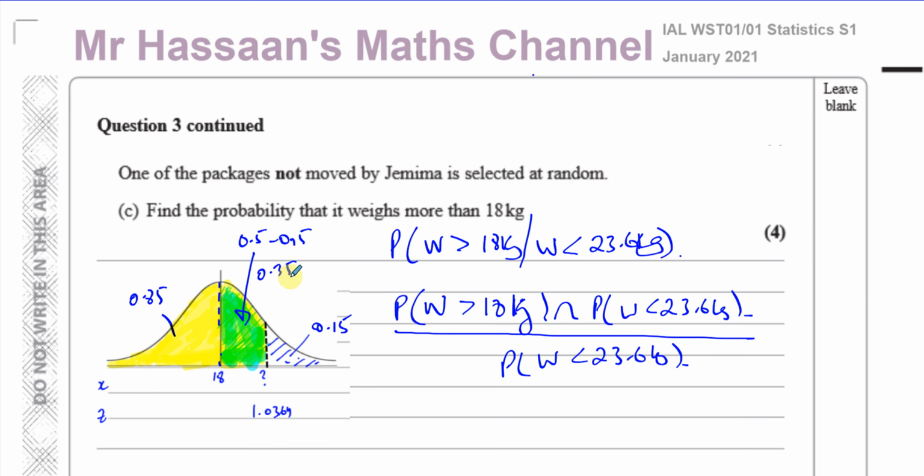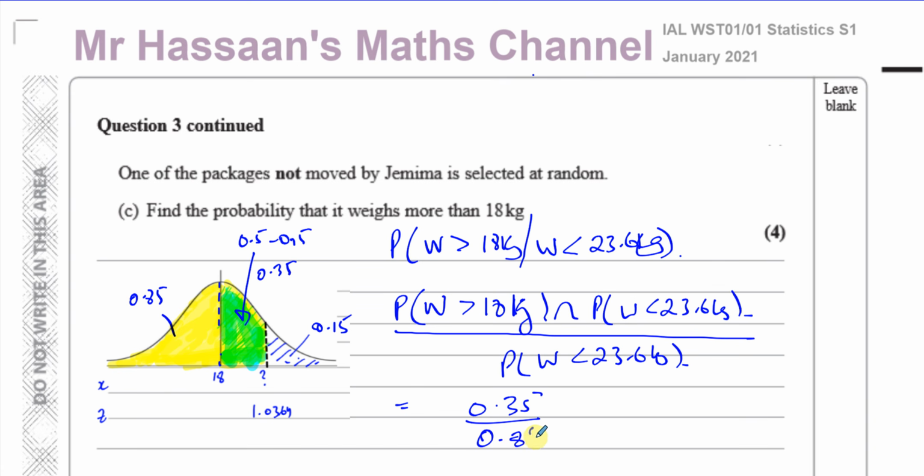So it's going to be the area that we discussed earlier, which is 0.35 divided by the area of the section that she doesn't carry, that the other people carry. Jemima only carries the ones which are heavier than that because she's got the forklift truck. So they're only considering the rest of them, which is 0.85.